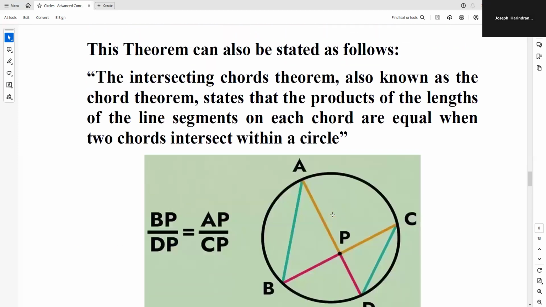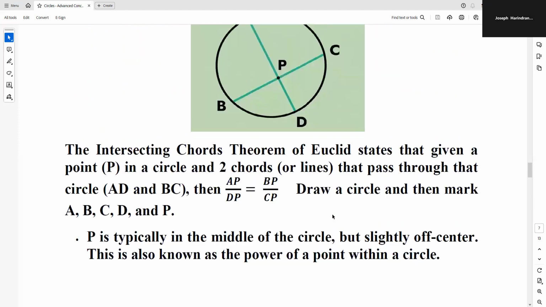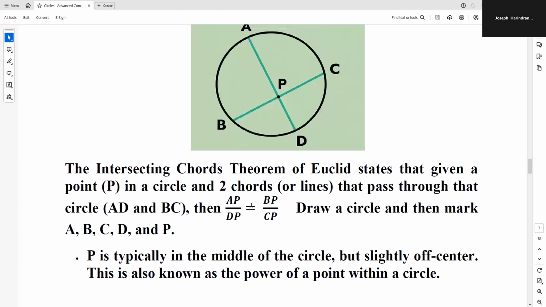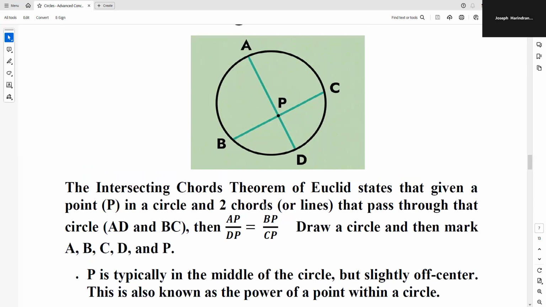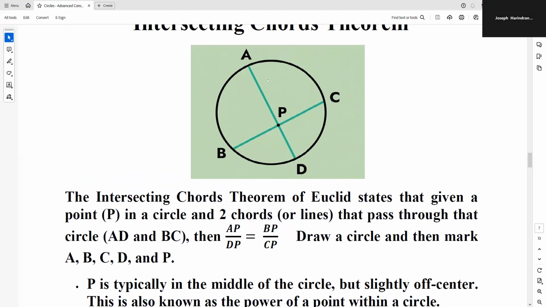When we cross multiply these two terms, we will see that AP into CP, the product of these two segments, is equal to the product of the other two segments, BP into DP.